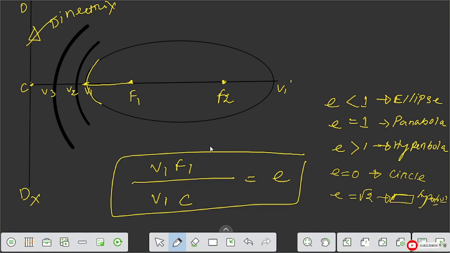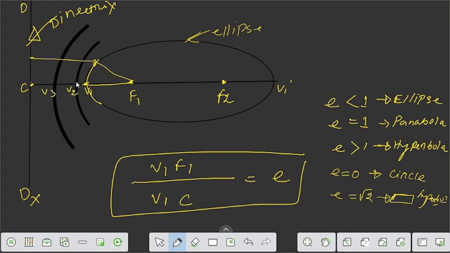Next we see how the ellipse is formed. Let's choose another point: this point to this point divided by this point to this point is the eccentricity, which is always less than 1. That is for the ellipse.